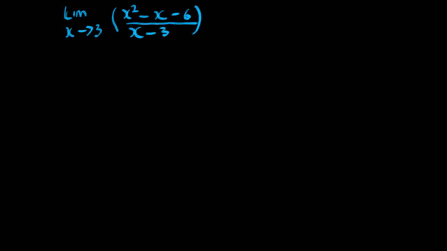Here's another question. If we substitute 3 directly into the denominator, we're going to have 3 minus 3, and that will give us 0. So we're going to factorize the numerator. You can simply use your calculator to do that, or check our previous videos for the method of factorization. The numerator will give you x plus 2 and x minus 3.